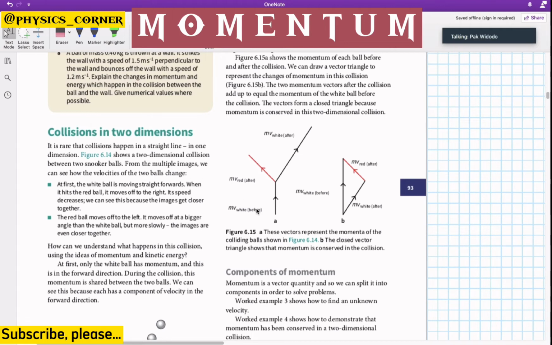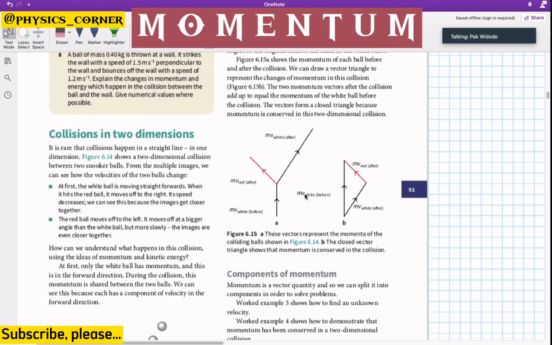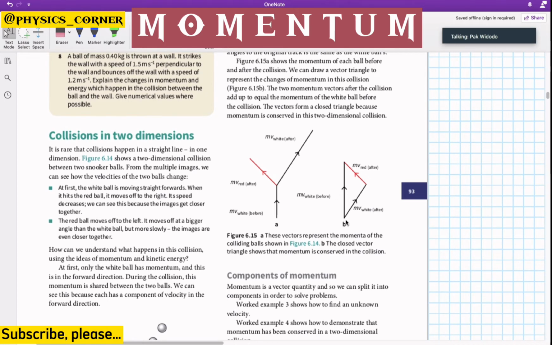So like this one, momentum before equals momentum after. Momentum this line equals momentum the red line and this line. In component of vector, mv plus mv equals mv here, before equals after.